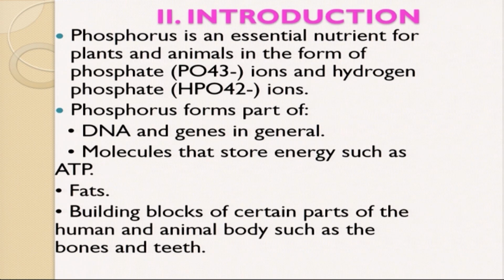So we have phosphate, and we said phosphate is very essential for both plant growth and for animals because it makes the structure of the DNA, the structure of RNA, as well as the cell membrane, and it is also responsible for energy production.